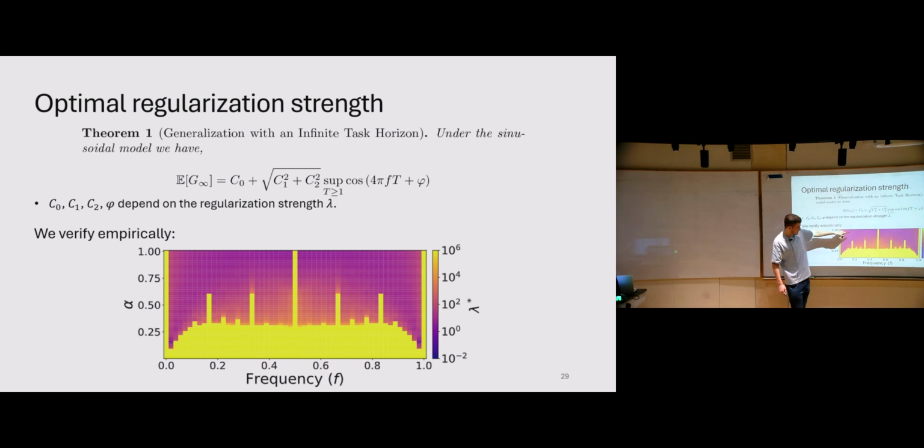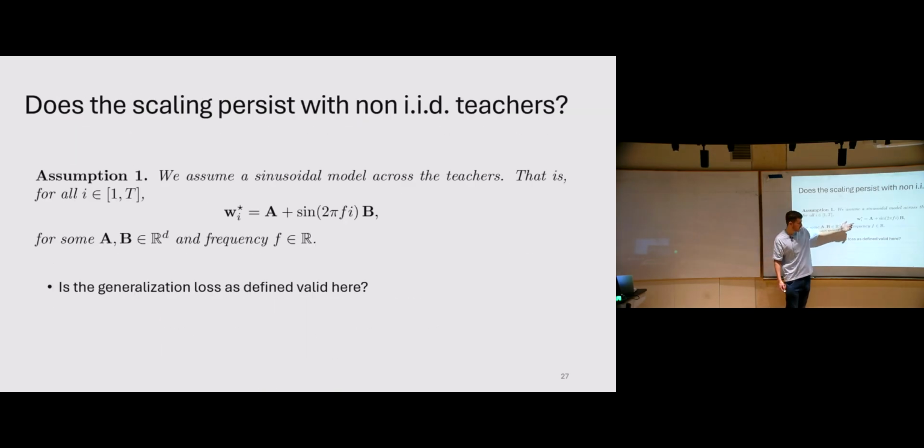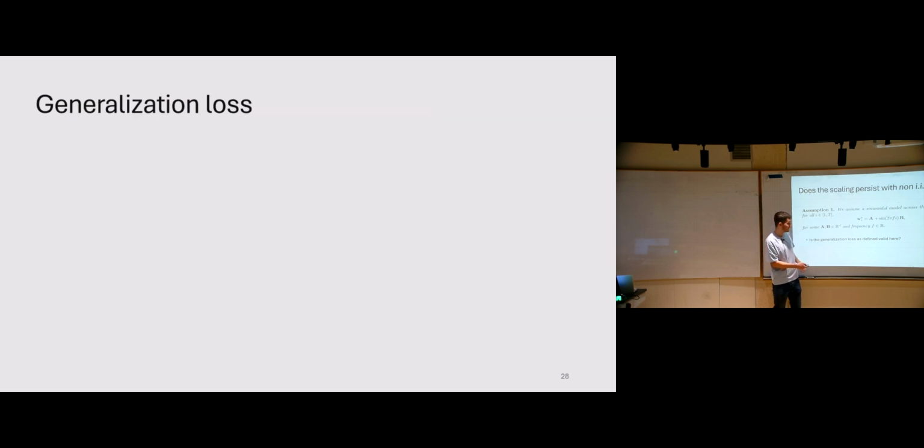We see that lambda star is finite in regions where the frequency and the alpha are both between 0 and 1. In order to better understand this graph, maybe we should look at some special cases. A special case is f equals 0, or 1. What happens in this case? Sinus 2 pi f i becomes constant, so it becomes a single teacher case, where w i star equals a.